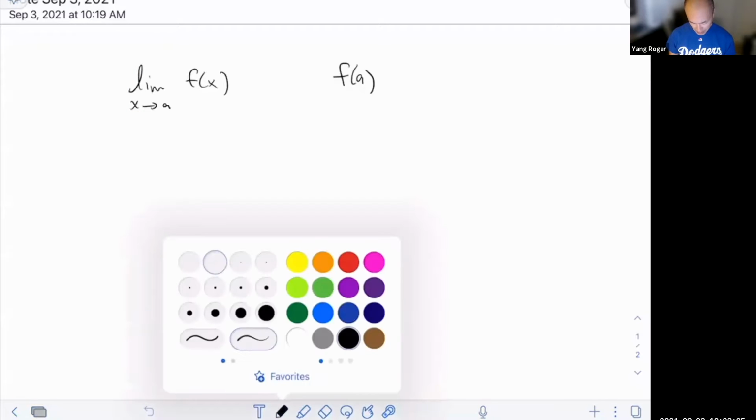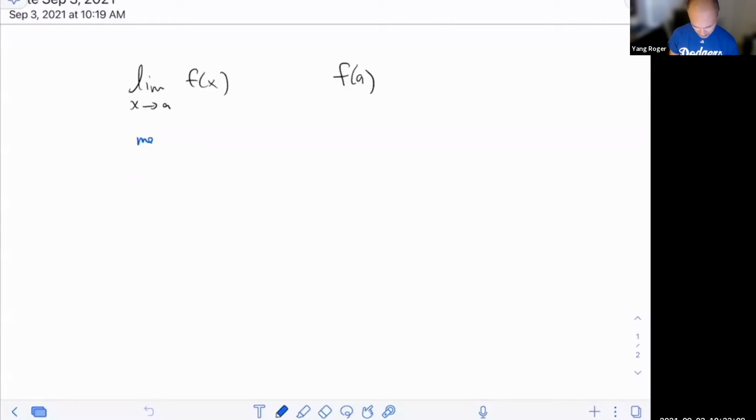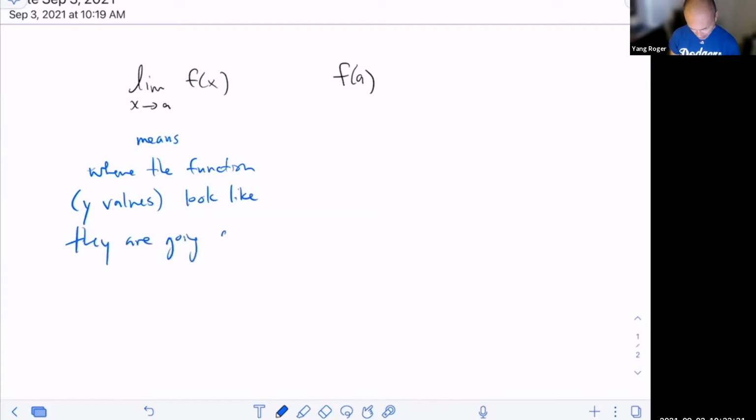And if you think about what that means, this means where the function, and when I say the function, I'm really talking about the y values, look like they are going as x gets close to a, right?